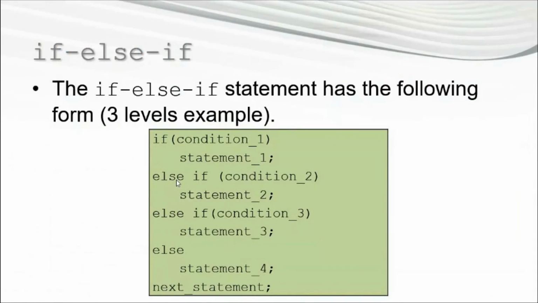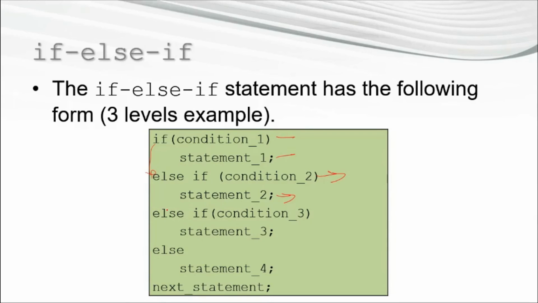Now the next type of nested if statements, that is if else if statements. It looks something like this. If condition 1 is checked and is true, then statement 1 is executed. If this condition is false, then we are again checking another condition: if condition 2 is true, statement 2 is executed.